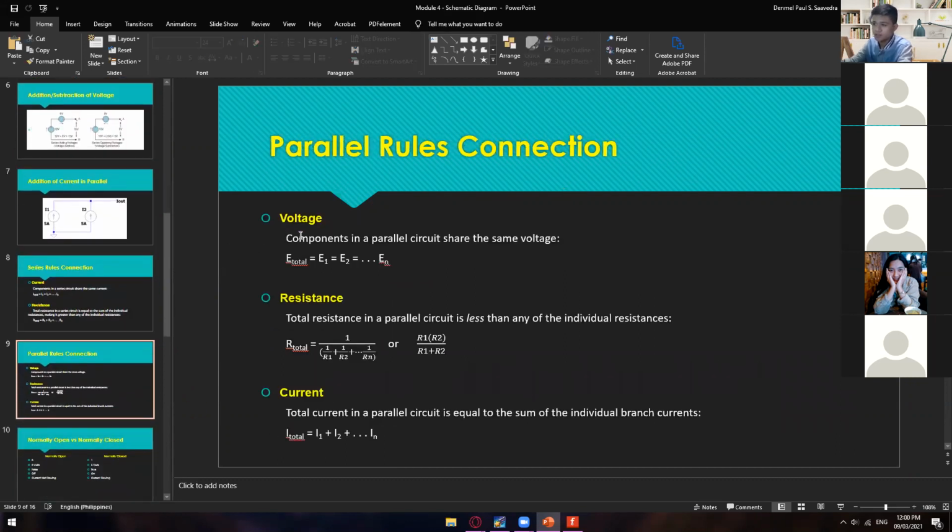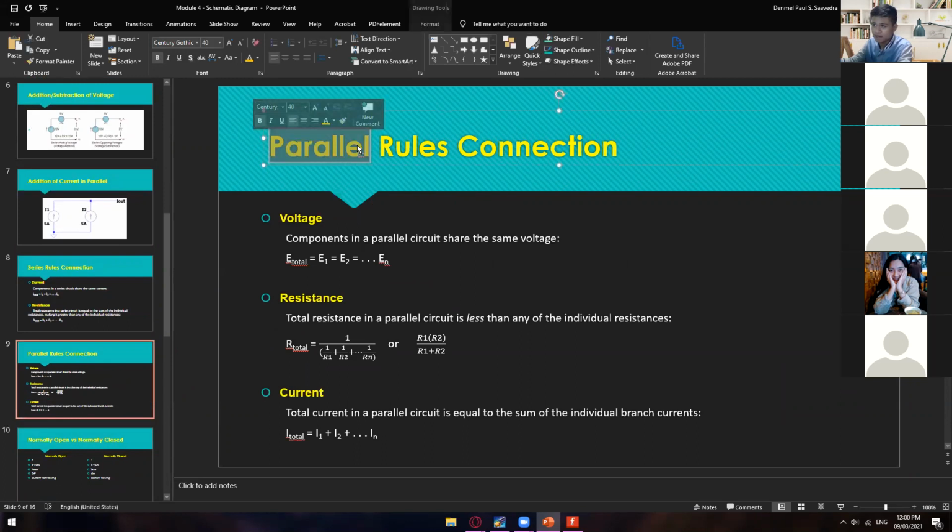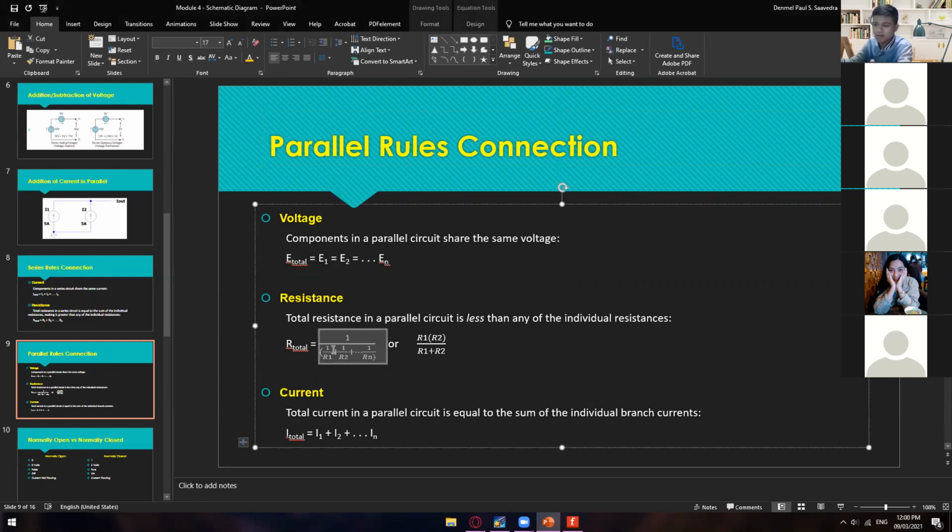And then for the voltage, this one is in parallel. Whatever your voltage source is, it is the same across the branches that it flows through. Say you have two branches or two nodes, then they are the same. So E total is equal to E1, E2, E3, and so on. And for the resistance, if you have more than two resistances, then you have to use this formula.